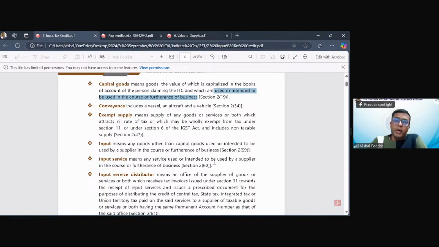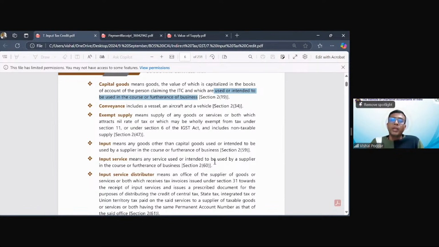So even if I go to buy a microwave oven for my kitchen or a refrigerator or a television for my house, I give my GST number. And why am I doing that? Because I believe that he will upload that in his GSTR1. It will reflect in my 2A, 2B, and I believe that I will get ITC.